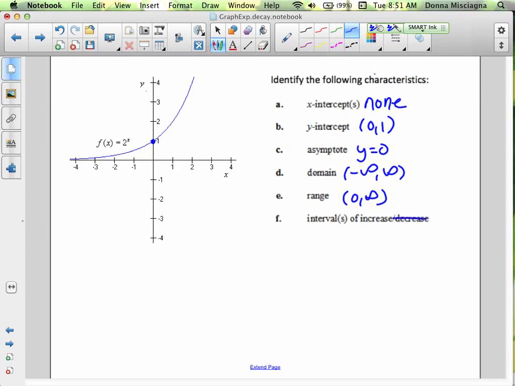It's not a trick question, no decrease. So if it's increasing everywhere, that means that our interval of increase is negative infinity to infinity, right? Because we read graphs left to right.